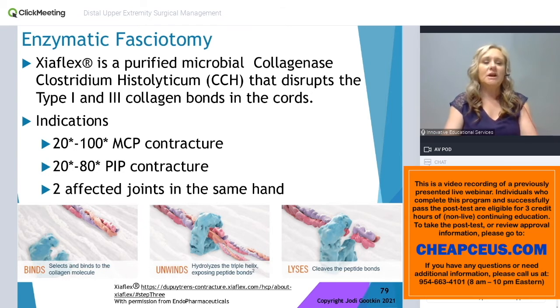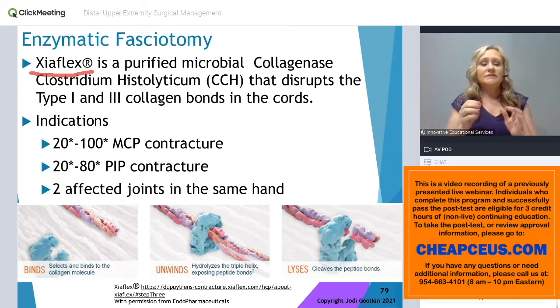Enzymatic fasciotomy is the least invasive and the one that has been emerging more recently. Xiaflex is what is utilized. It is a purified microbial collagenase that is extracted from bacteria.